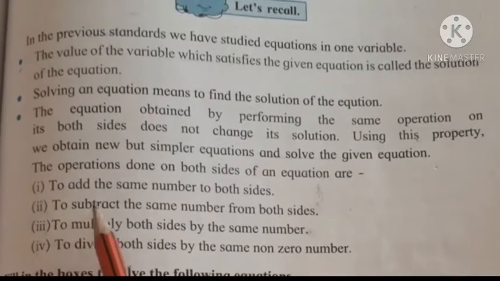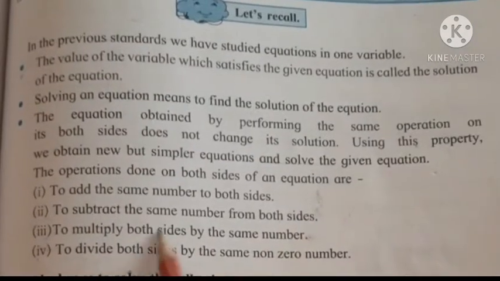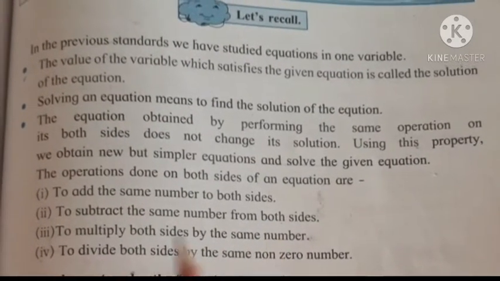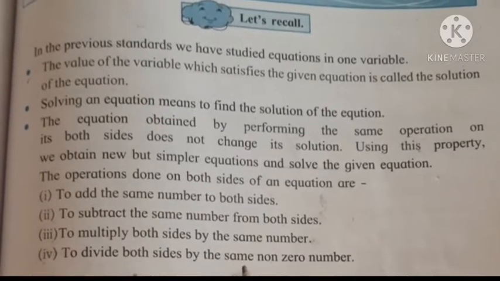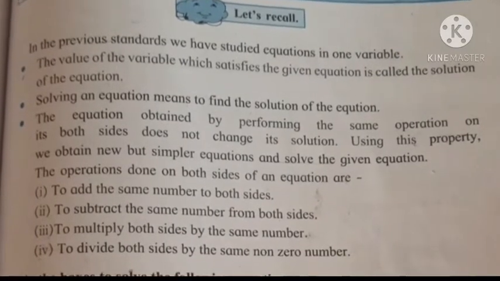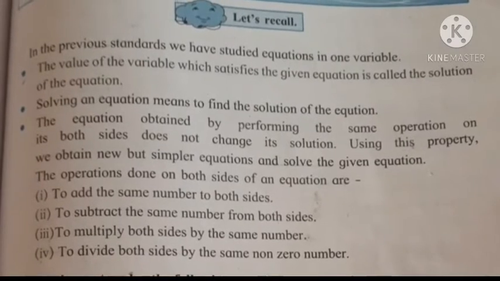Second, to subtract the same number from both sides. Third, to multiply both sides by the same number. And fourth, to divide both sides by the same non-zero number. So all these four operations we can do for solving equations.